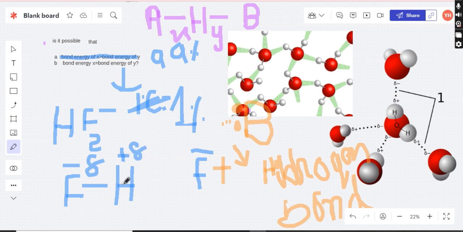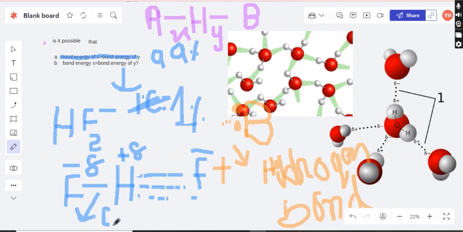The hydrogen, with its partial positive charge, attracts this fluorine, and they create a bond between them. So this is basically a covalent bond.